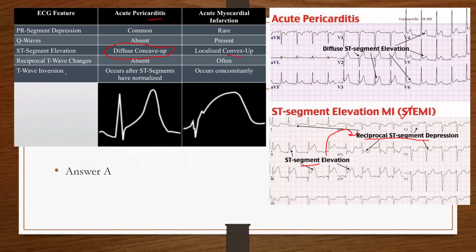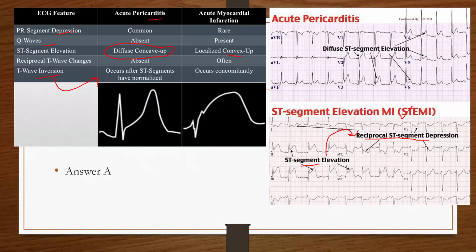Then there can be other changes with T wave, Q wave, and PR segments also. Especially PR segment depression can be seen in pericarditis, which is rare in MI. Q waves you don't see in pericarditis, but can be there in MI, not always. T wave inversion: in acute pericarditis, there is a series of changes.